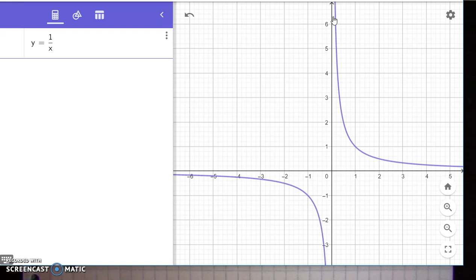Closer and closer just means the more vertical your line gets. Once you jump over this axis, it's the same thing with a negative number, like negative 0.0001 on the bottom, except the result is negative. Let me sketch this out real fast.